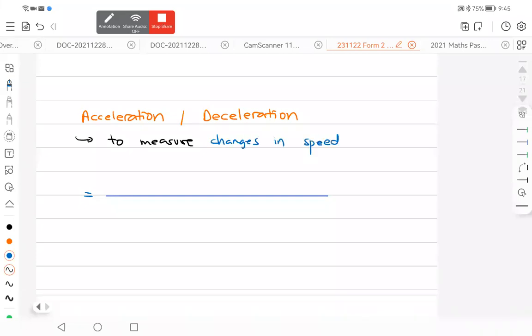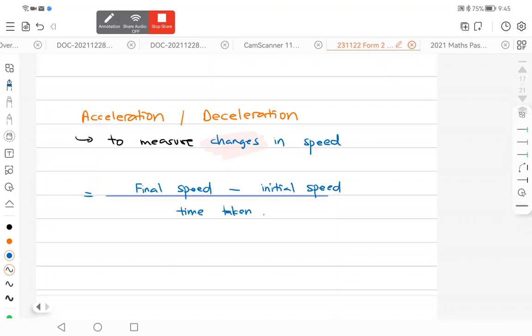The keyword is changes. So when we have changes, the formula to find acceleration and deceleration, you have minus: final speed minus initial speed over time taken.